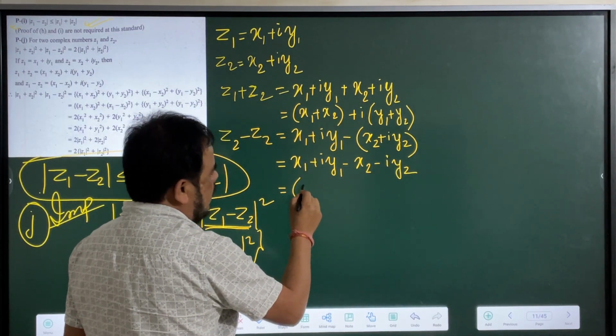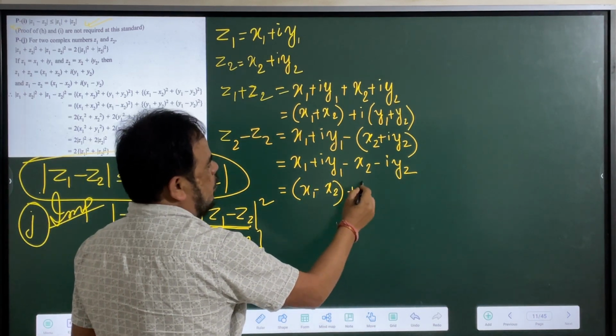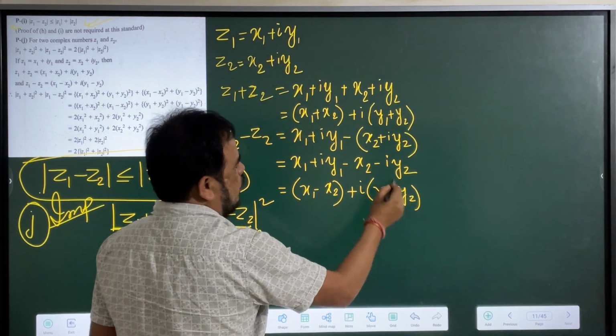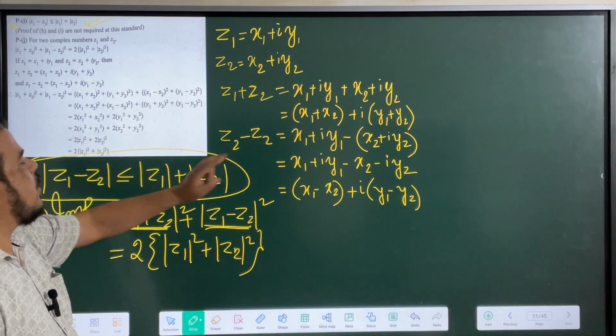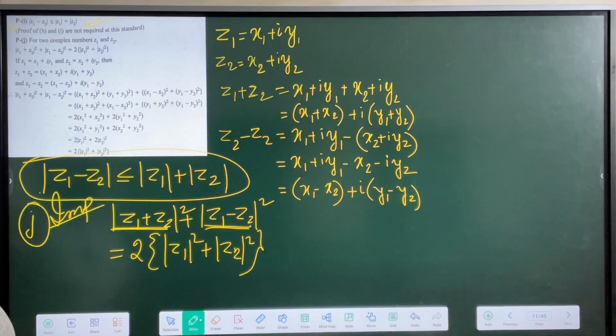So we will write the real part together, and i will be taken common, y1 minus y2. Minus is there. So we have got the values of Z1 plus Z2 and Z1 minus Z2 for the formula.